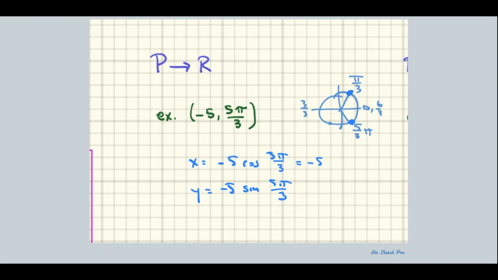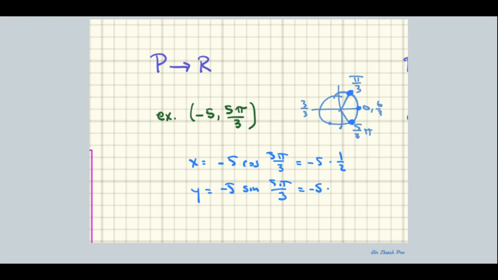No, it's not. X-coordinate 1 is over here. What's the x-coordinate here? 1/2 says Joshua. Joshua is correct. And that's going to be the same x-coordinate 5 pi over 3. So this is negative 5 times 1/2.